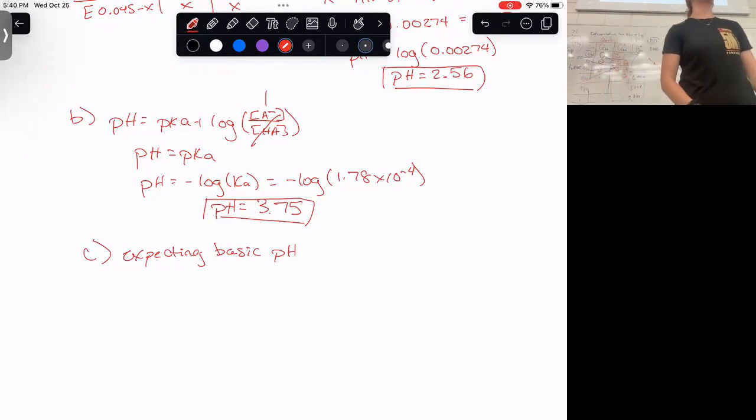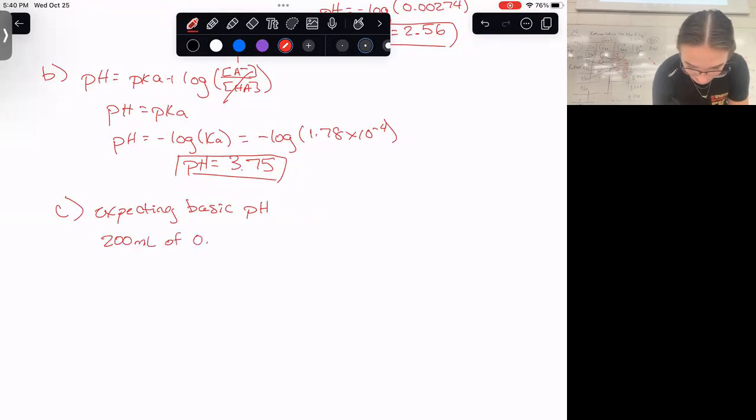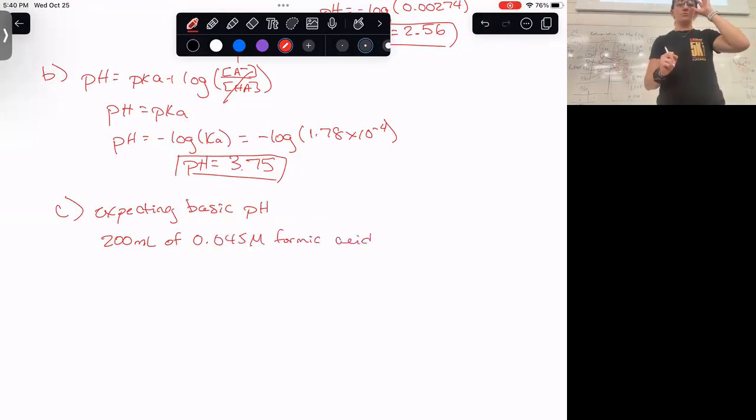We then need to look at our moles of our acid and base that we have. We are starting off with 200 mL of 0.045 molar formic acid. How many total moles of formic acid do we have then?